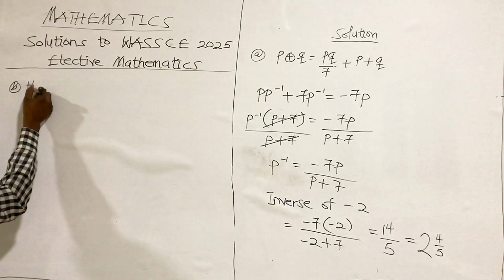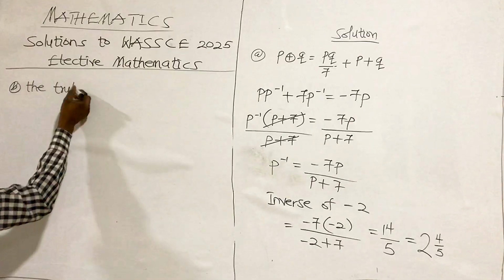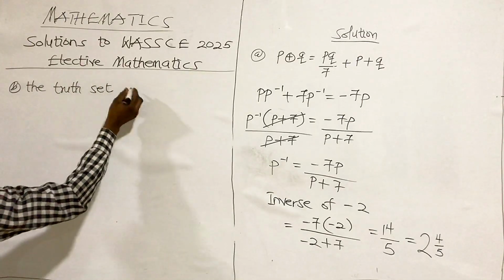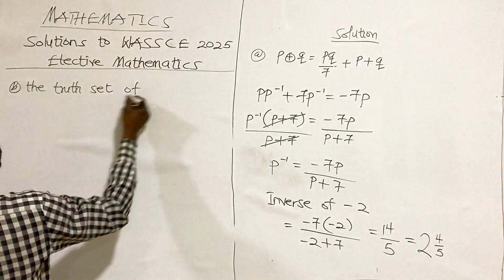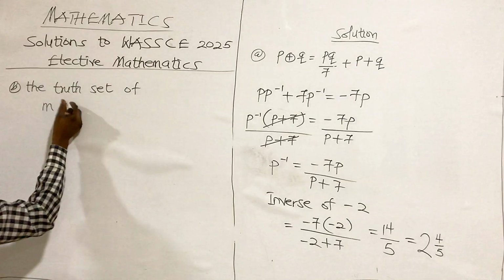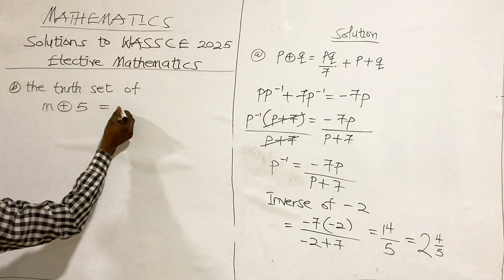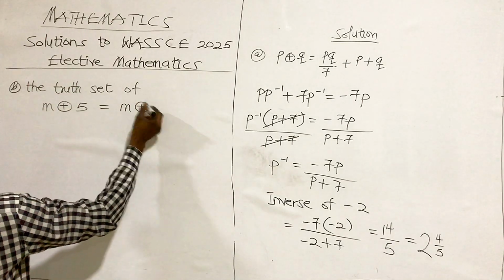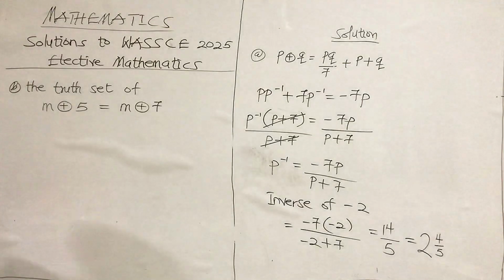B, the truth set of m circle plus 5 is equal to m circle plus 7. So this is the B part of the question.